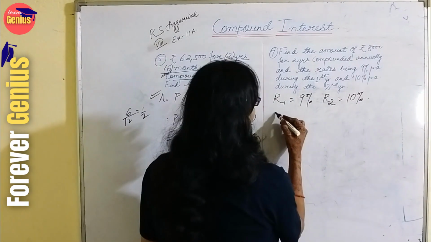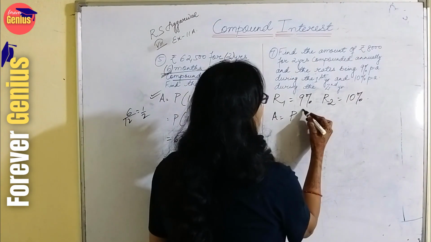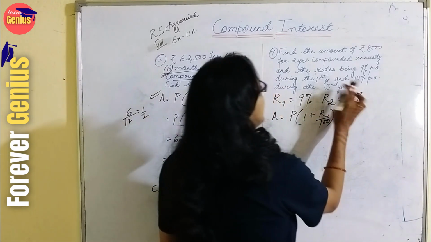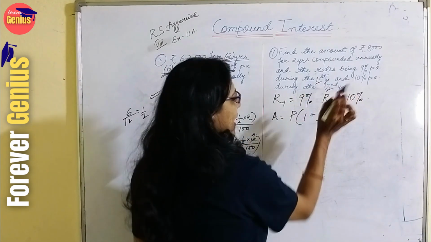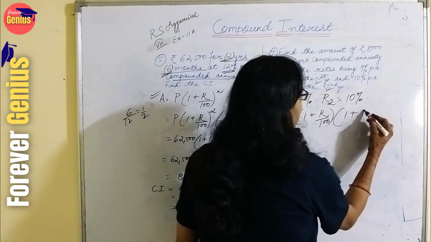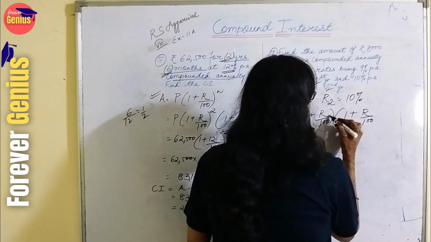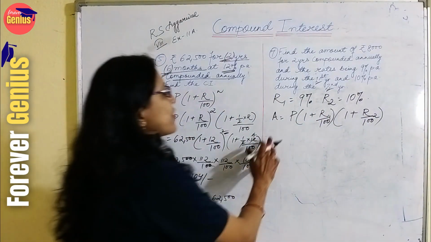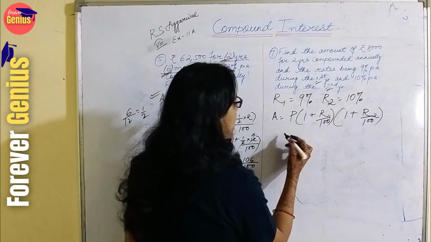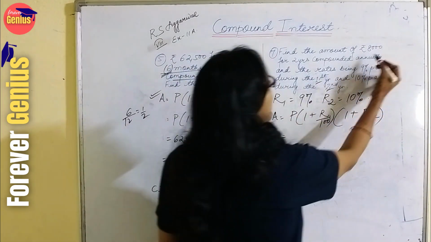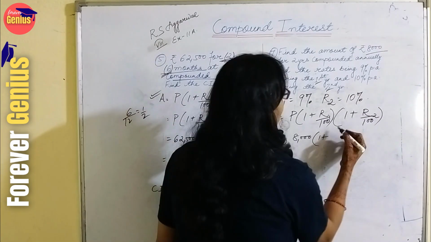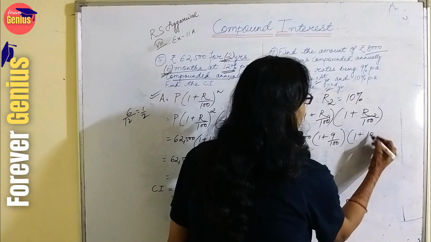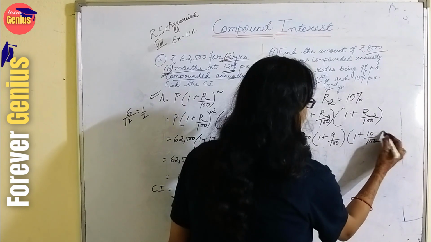So in this case we will calculate A is equals to P into 1 plus R by 100. How many years is it? Only first and second. So we will just write it here. This is R1 and this is R2. We are symbolizing it so that we can identify it easily. So principal is 8,000. 1 plus 9 by 100 and then 1 plus 10 by 100.